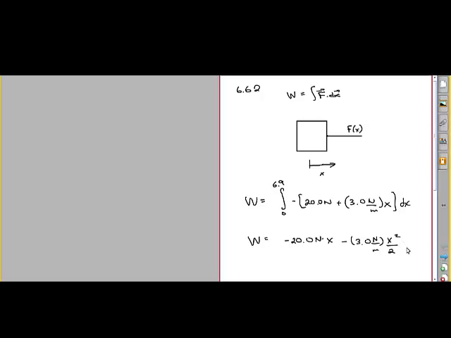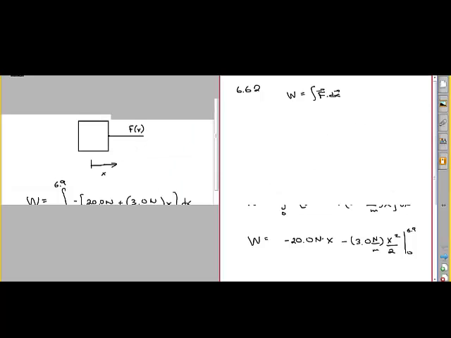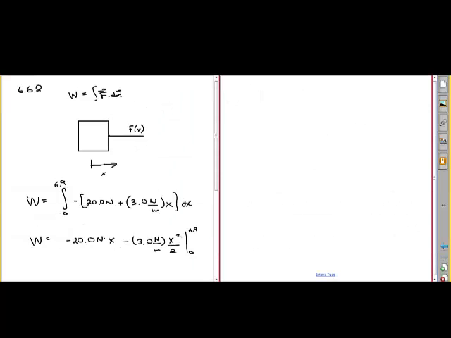Since it's a definite integral, we evaluate at the upper and lower limits, so we get negative 20.0 newtons times 6.9 minus 0, x at 6.9 minus x at 0.